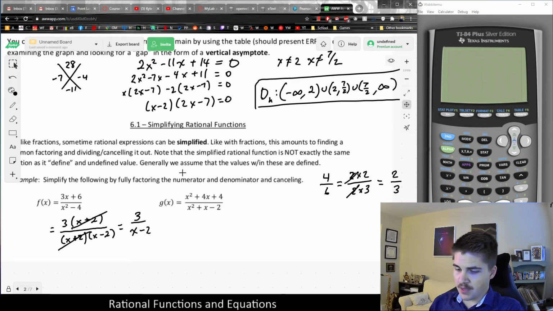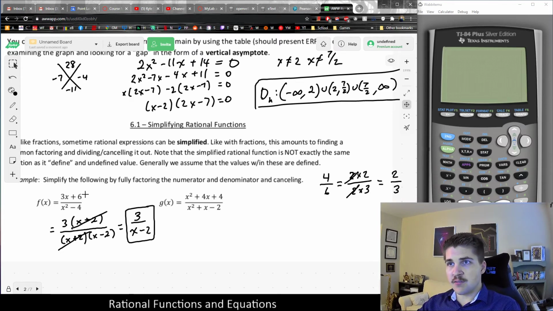The one catch here, though, is that even though this function simplifies, technically both plus and minus 2 were not in the domain. Even though looking at the simplified one, it might appear as though the domain is all real numbers except for just positive 2, because the original function involved 2 undefined values, it still does.